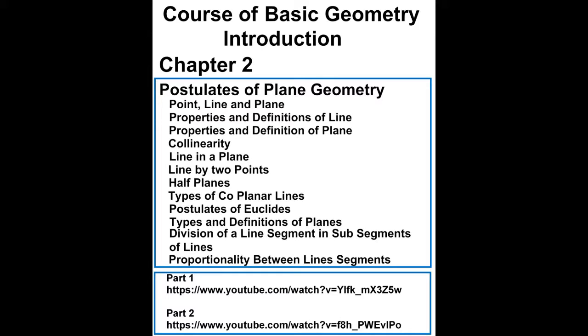This chapter presents the postulates of basic geometry, which are the following: point, line, and plane, properties and definition of a line, properties and definition of a plane, collinearity, line in a plane, line by 2 points, half planes, types of coplanar lines, postulates of Euclides, types and definition of planes, division of a line segment in subsegments of a line, proportionality between line segments.